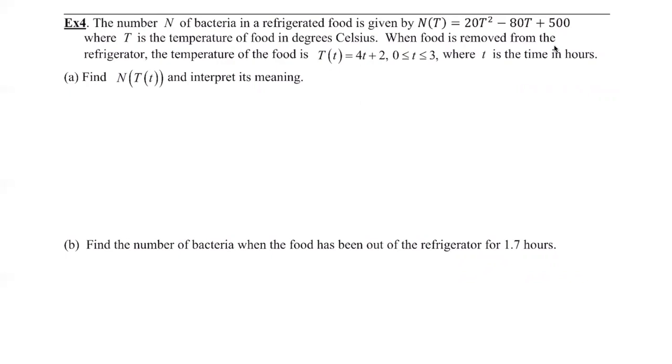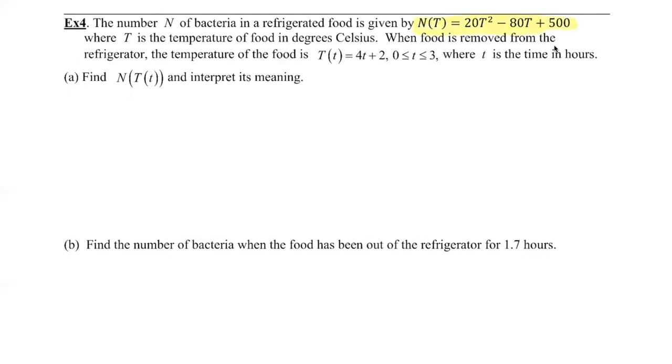Based on the first sentence, we are anticipating counts of bacteria, and this count behaves like a quadratic function, because you see the T squared. So we have a function that describes the relationship between n, the number of bacteria, and capital T, the temperature.